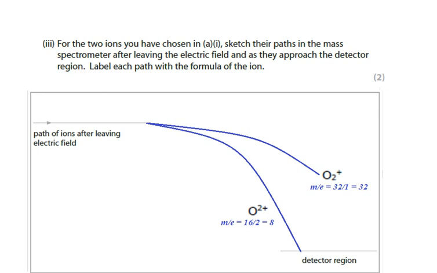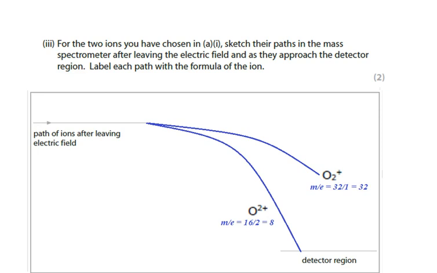If it has less charge or it has more atoms, then the m/e is heavier. So it will be deflected to a lesser extent. Do we understand this? The one with higher m/e will not be deflected very much. The one with lower m/e will be deflected a lot.